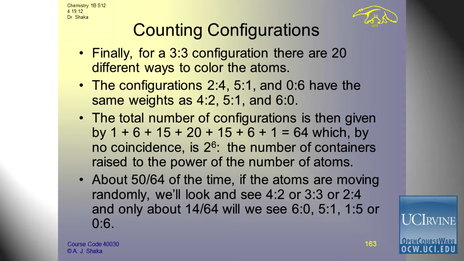So the configurations, 2 in one, 4 in the other, 5 in one, 1 in the other, and 0 in one, and 6 in the other, those have the same weights as flipping your diagram. So 6 and 0 has one possible configuration, and 0 and 6 has one possible configuration. Together, I have 2 possibilities of ever taking that image and seeing 6 in either with 0 in the other.